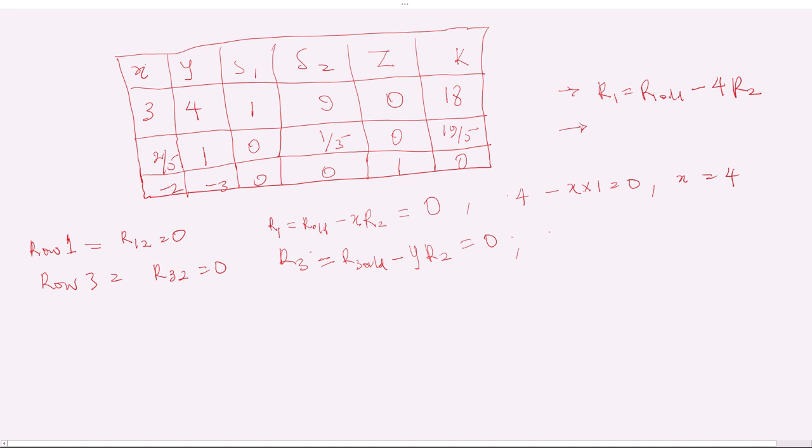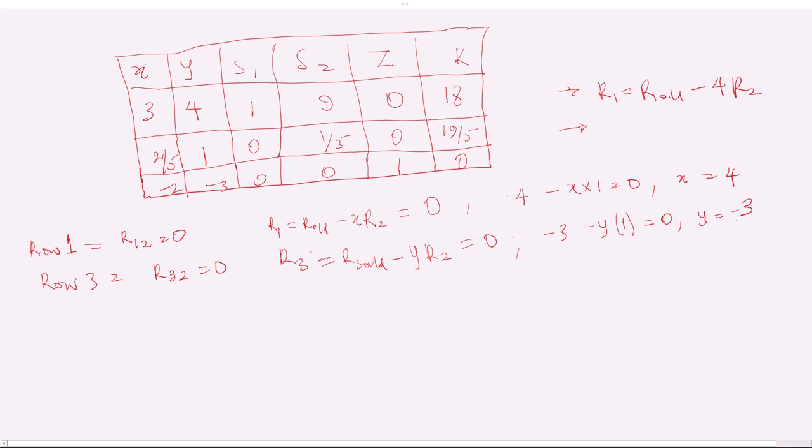So this is R3 old is minus 3 minus Y. Then R2 is 1, right? And everything must equals to 0. So we can say this is y here. So y equals to minus 3.